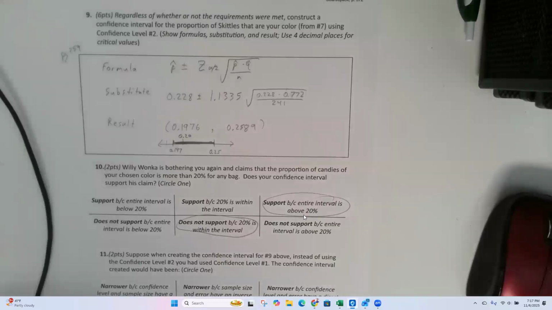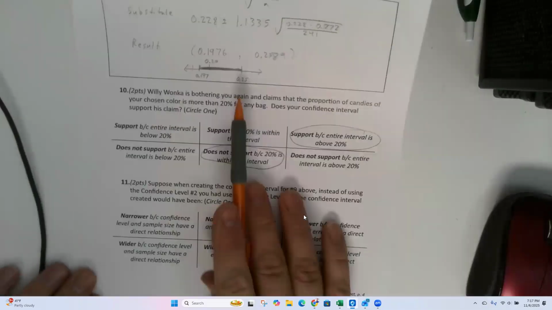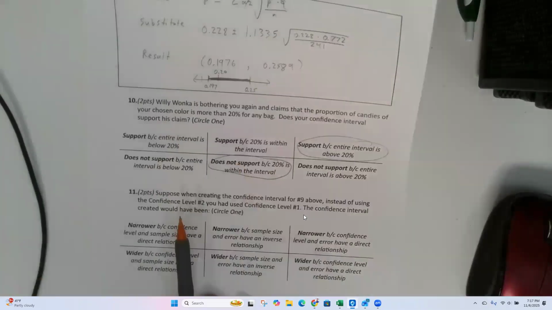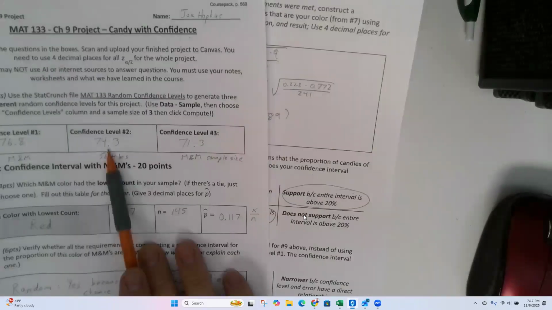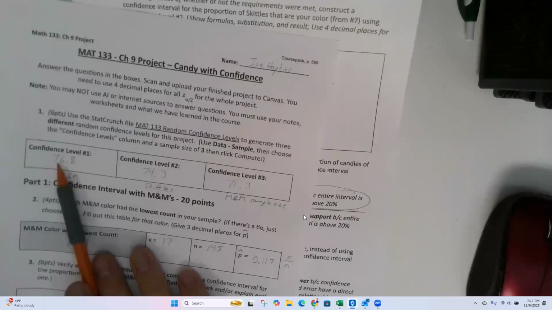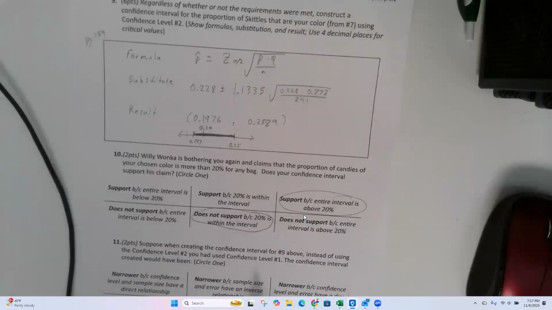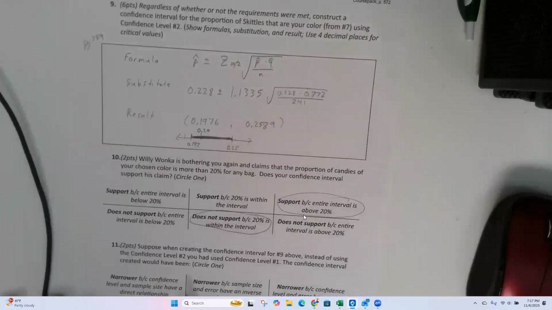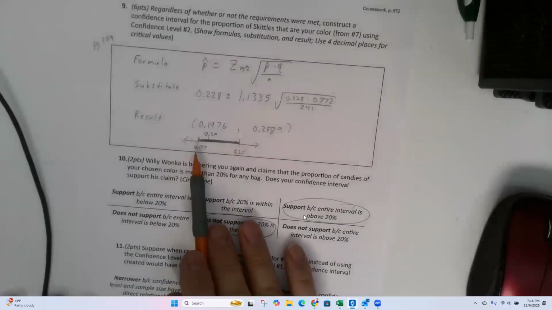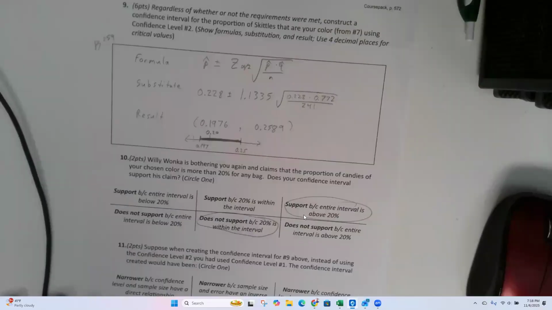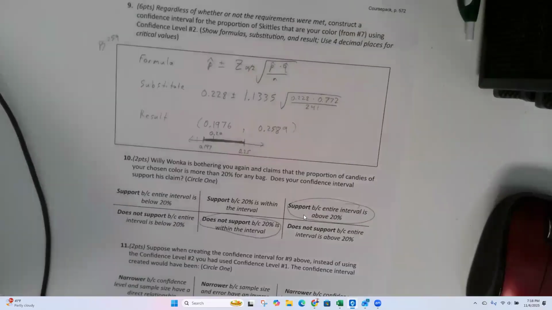All right, question 11. Suppose when creating the confidence interval, instead of using 74%, so instead of using this one, what if I'd used confidence level number 1? Would my resulting confidence interval have been narrower or wider? Well, it's going to depend on which of these numbers is bigger for you.